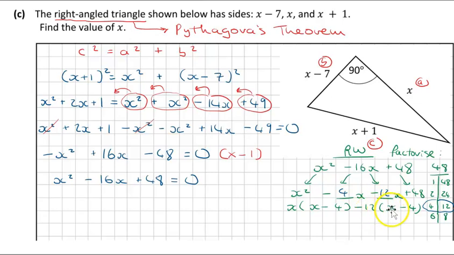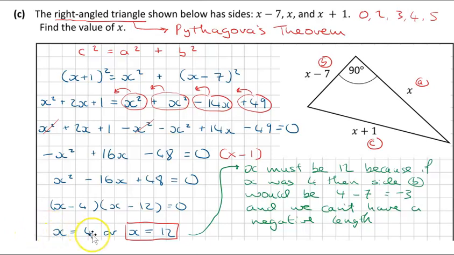So now we can see we've x minus 4 in both brackets. So x minus 4 is the first part of our answer, and then we bring down the x and the minus 12, and that's the second part of our answer. So now we have factorized. So we're going to bring that over here. So we have x minus 4 multiplied by x minus 12 is equal to 0.